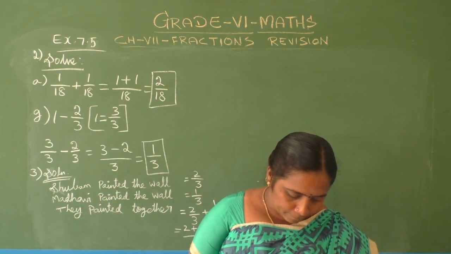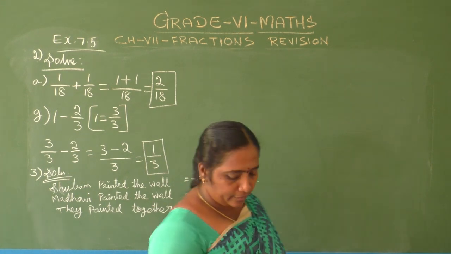Then we go to the fourth Roman. Fill in the missing fractions.